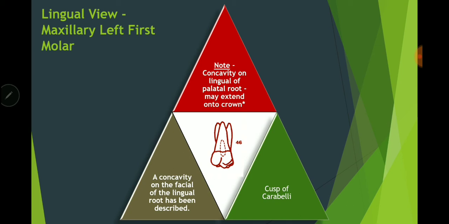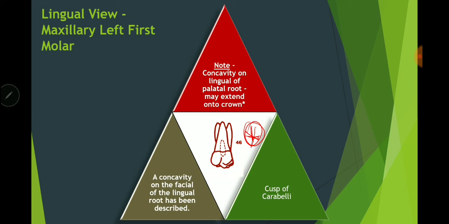And also the maxillary first molars, when you look at the lingual view, the palatal root has a concavity. So you have to remember that. And the concavity on the facial surface of the lingual root has also been described.